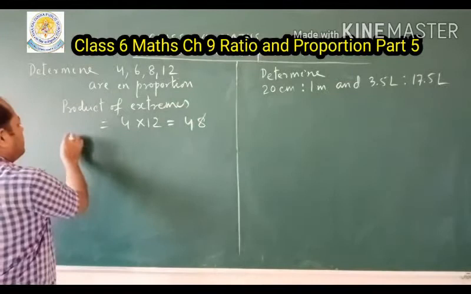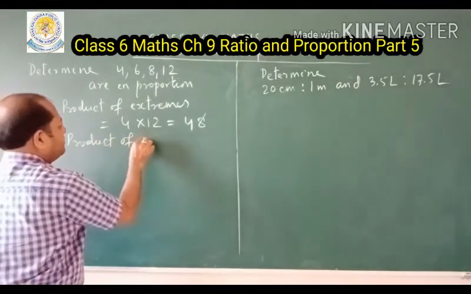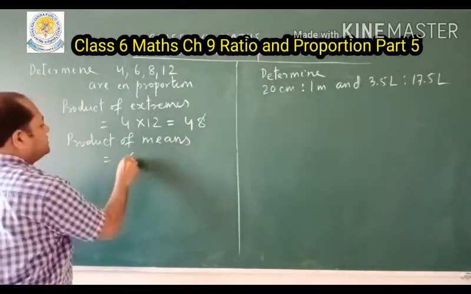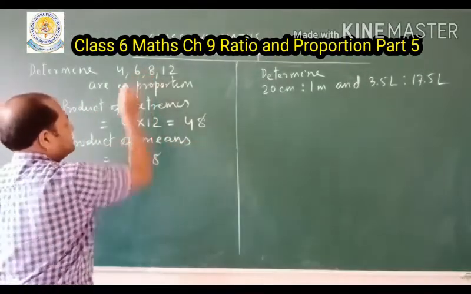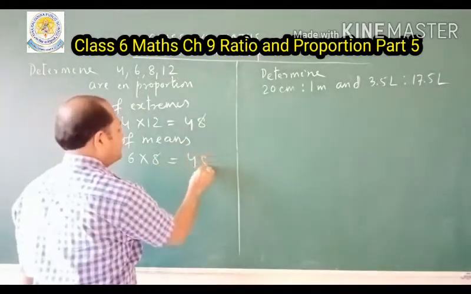Okay, now product of means we have to find out. Product of means equal to 6 into 8. 6 and 8 are means. Okay, the product of means, 6 into 8, is 48.